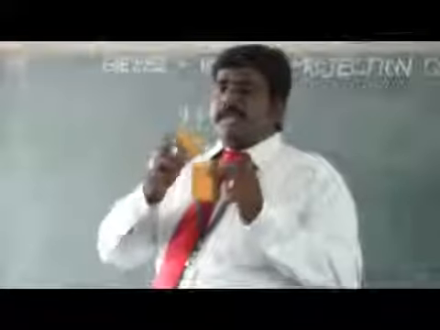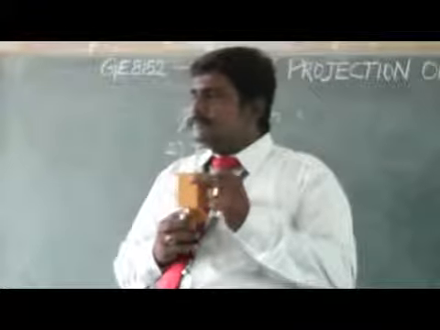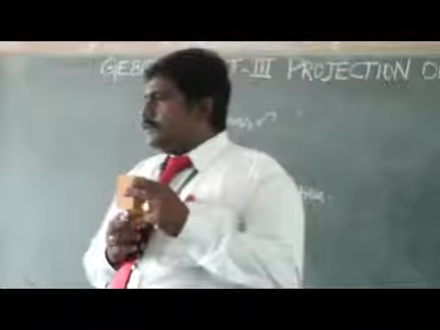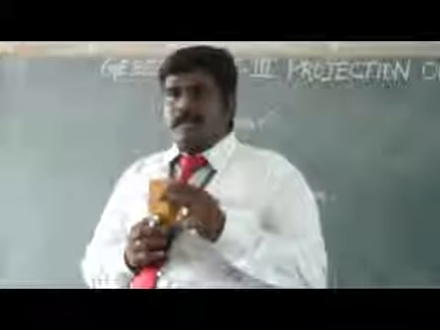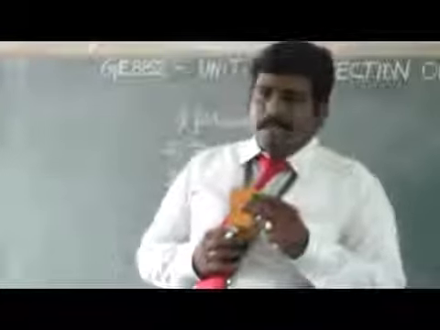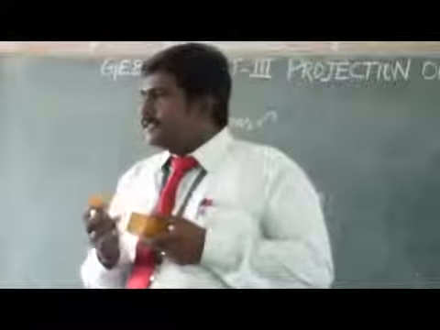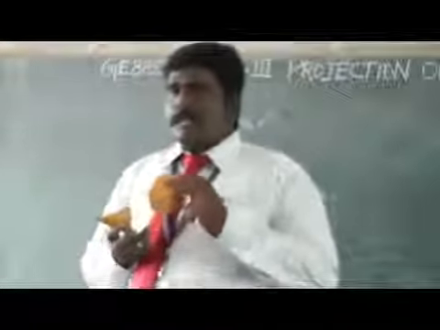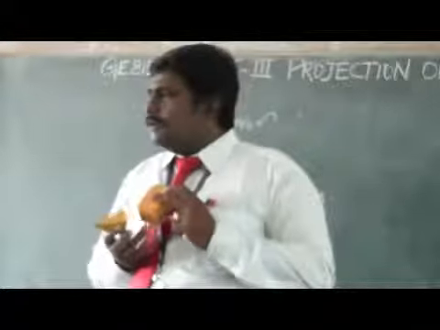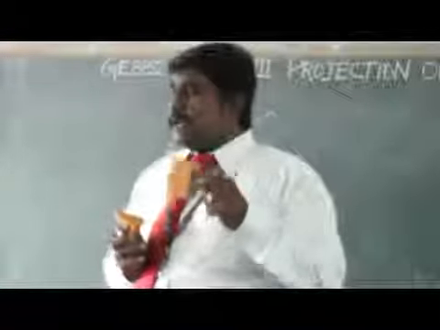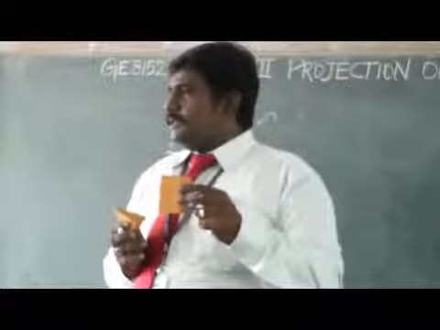So how many corners are there for this prism? You already know about corners because we have already explained everything in planes, isn't it? So a square at the bottom base has 4 corners. Similarly, the top has 4 corners. So totally how many corners? 8 corners for a square prism, right?